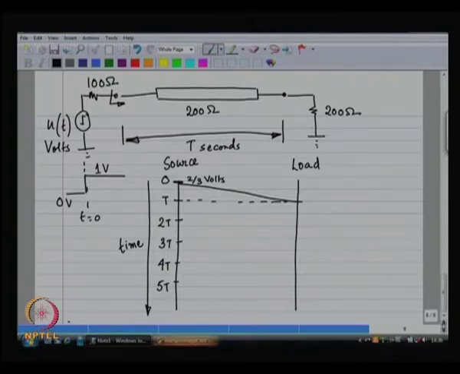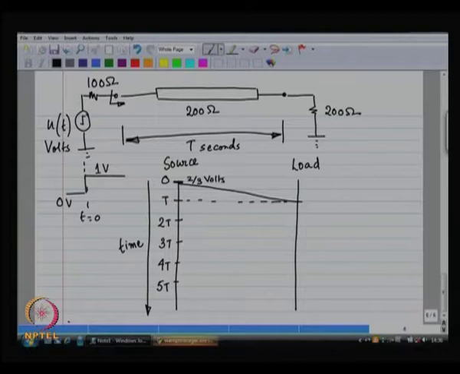And then when it hits the load, it is going to reflect something back and absorb something. How do we compute what it reflects back and what it absorbs? From the reflection coefficient.